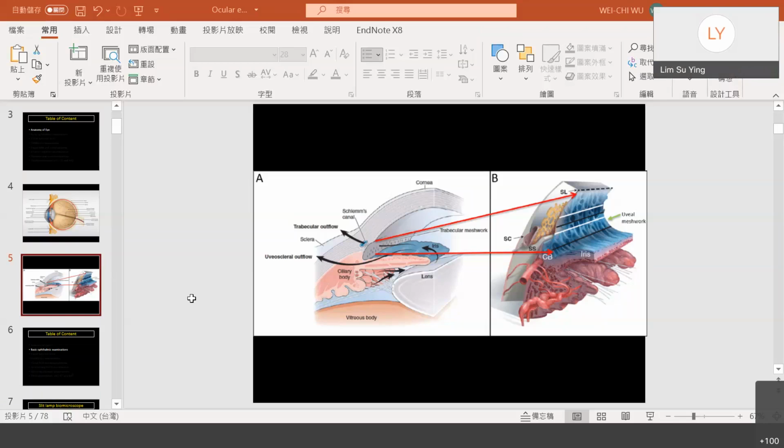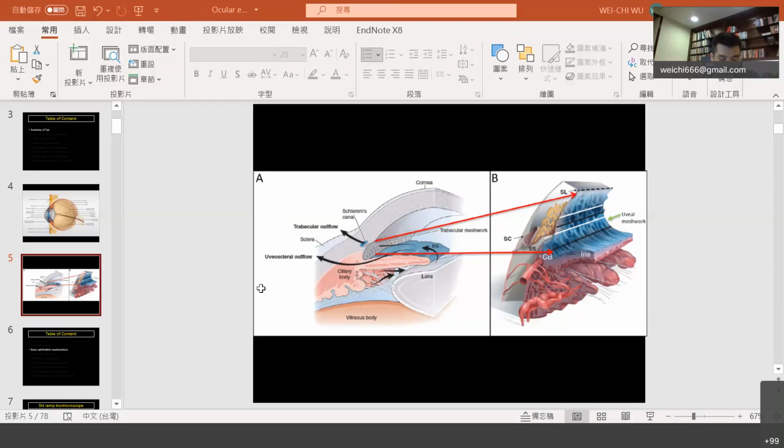Yeah, very good. So, if there is an increased intraocular pressure in the eye for too long a period of time, that could compromise the patient's visual function. And as I mentioned, usually the problem is in the drainage system.